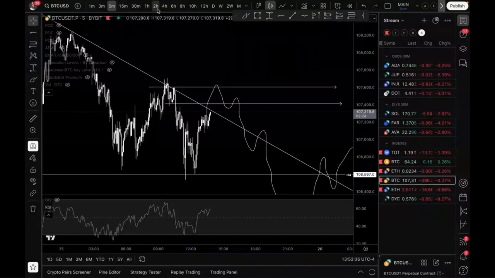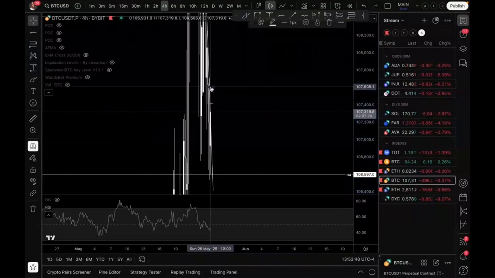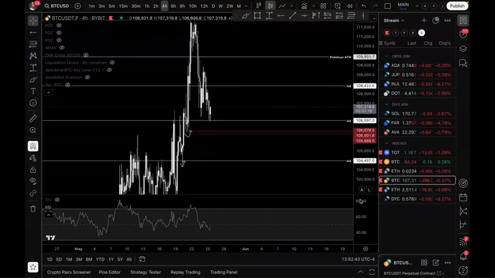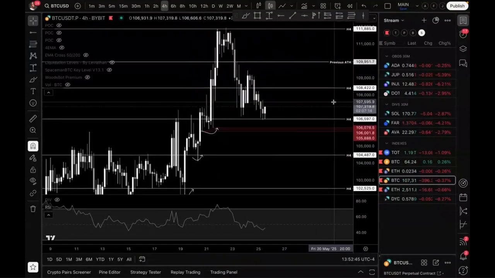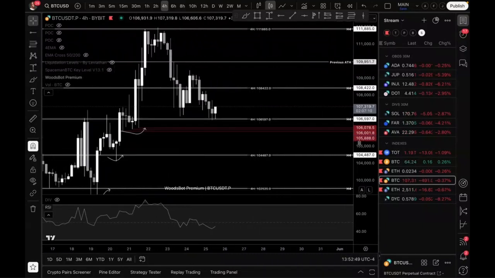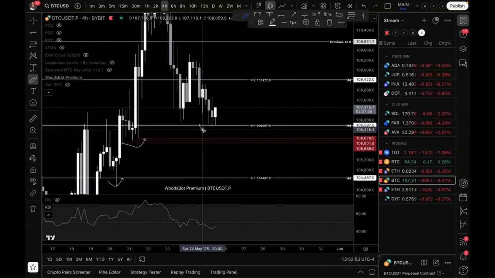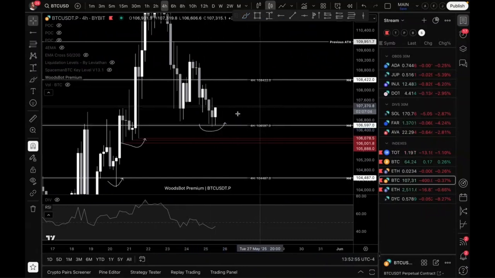BTC 4-hour. Look at this, right? Currently we are holding on the 4-hour. This is exactly what you want to see: basically one, two, three tests, and we're looking to hold.